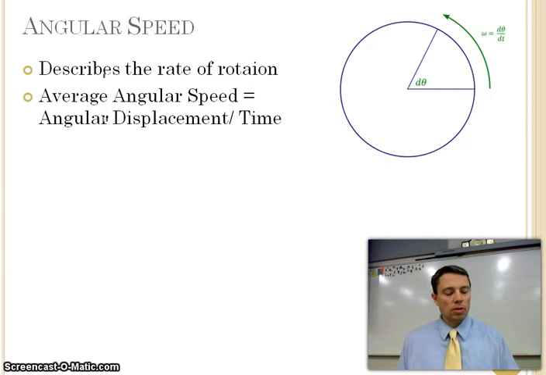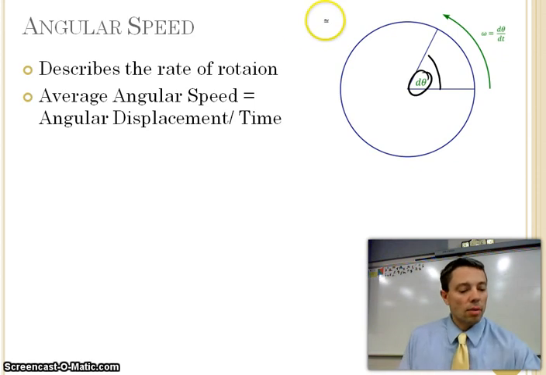Okay, so now we're going to change our angle. So I have a changing angle. If I have a changing angle, this has to happen in some given amount of time. And that's what we're going to look at.